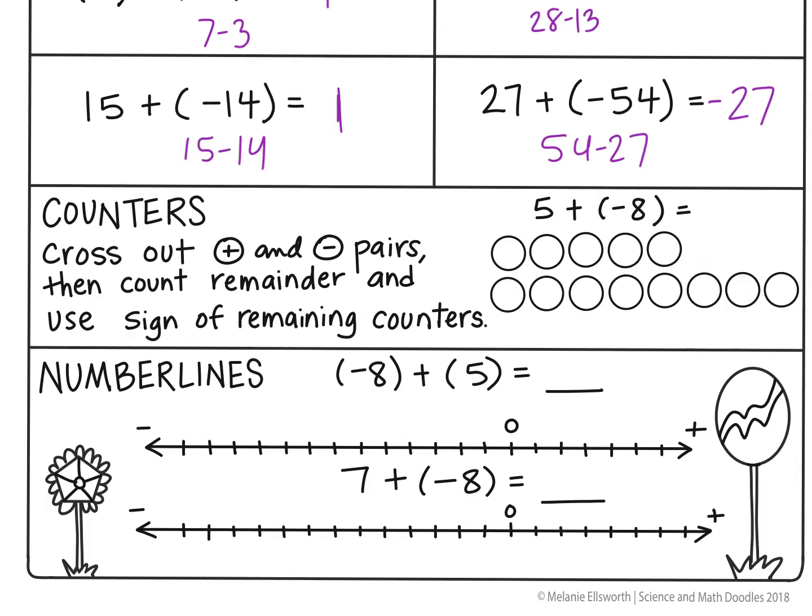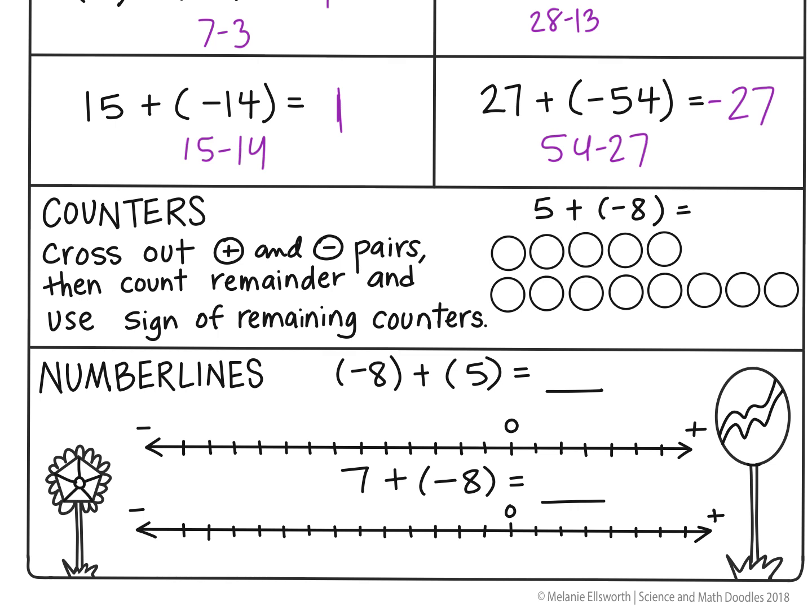Okay, when we are modeling adding integers with different signs, you can use counter chips. So those are the little red and yellow that I showed you on the previous notes, and some of you may have color-coded with me. So we're going to show what that looks like, and then I'm going to talk about something that you're going to notice with our counter chips.